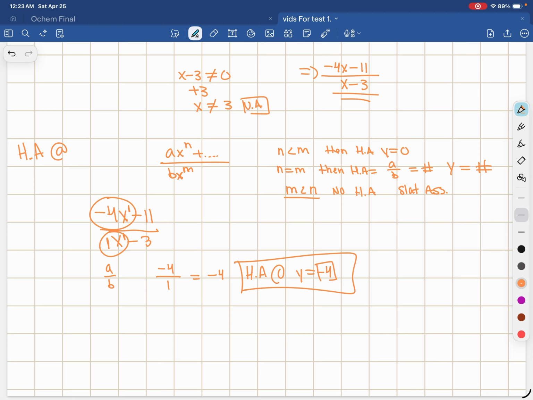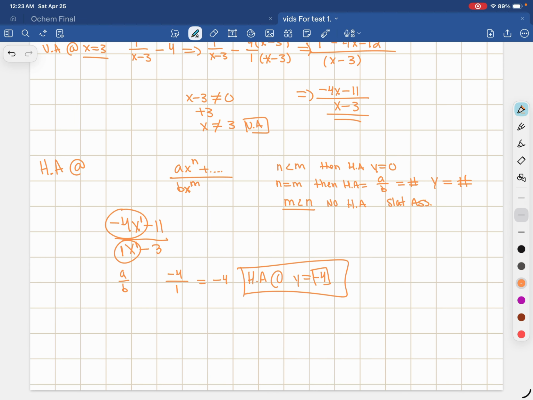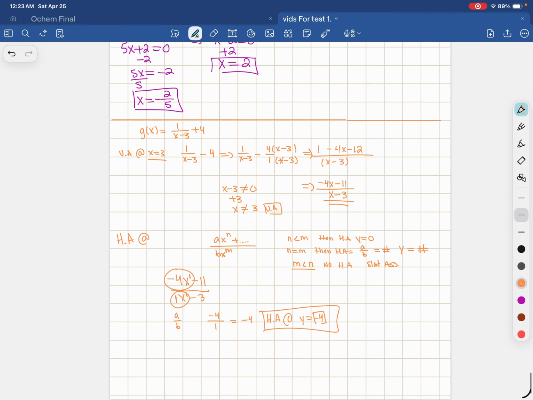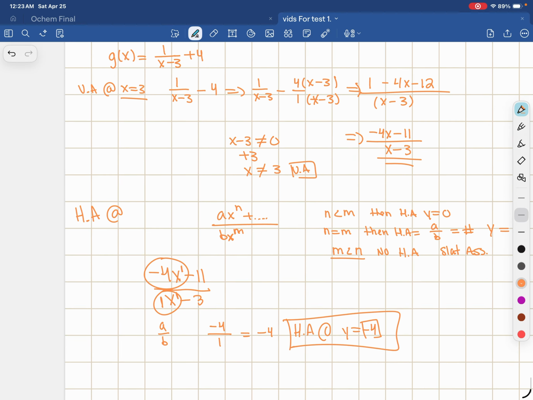If they are the same, then we'll do a over b. If the numerator is bigger than the denominator, then we have just a y equal to 0 asymptote. And if the denominator is bigger than the numerator, we'll have no HA. Yep, that was vertical asymptotes and horizontal asymptotes. Thank you.